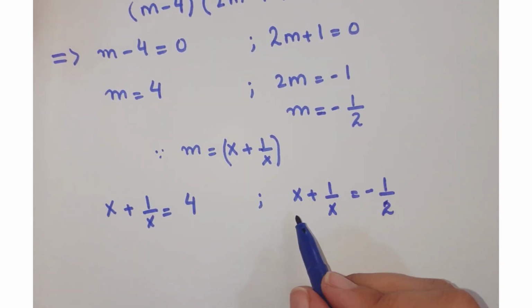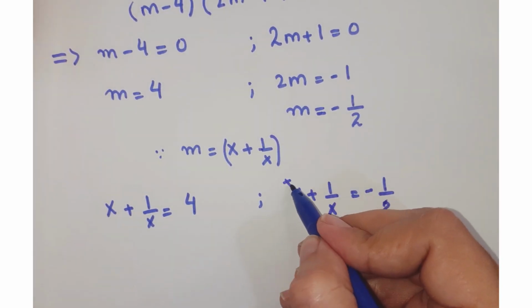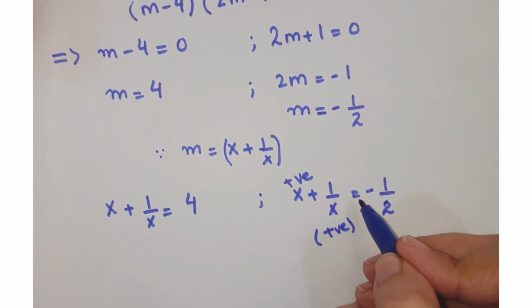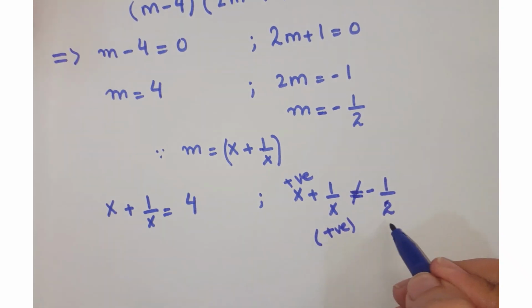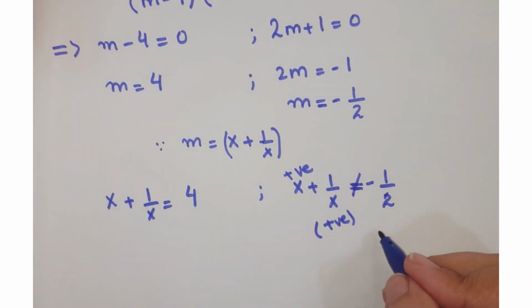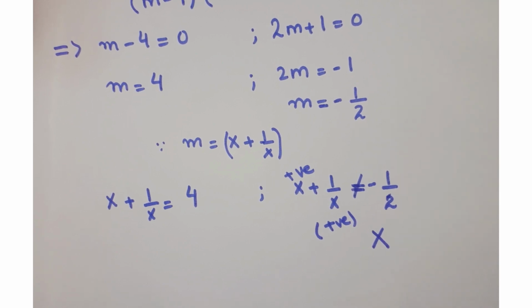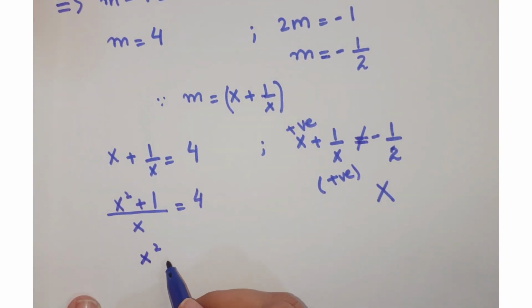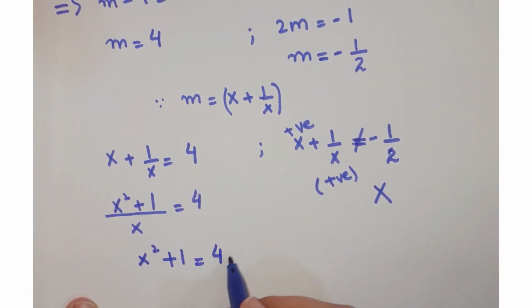As it is mentioned in the question that x is positive, a positive number added to another positive number cannot be equal to a negative number. So we reject this possibility of x plus 1 upon x, and we are going to simplify the other. So here you have x square plus 1 is equal to 4x.